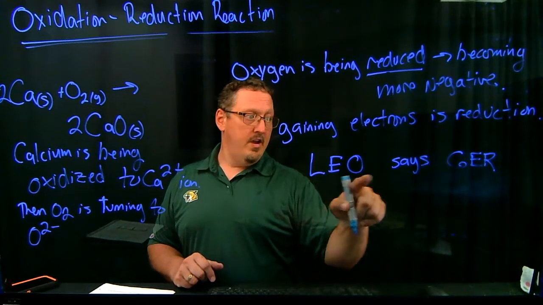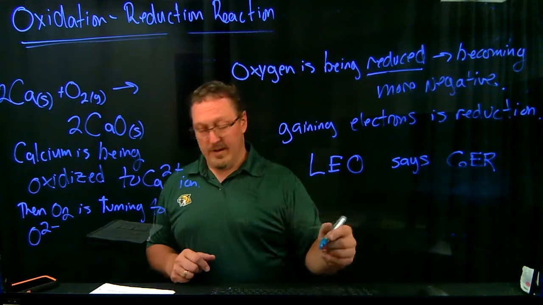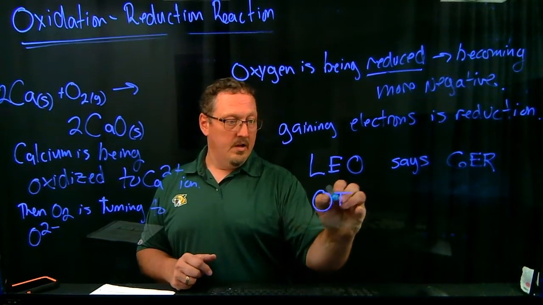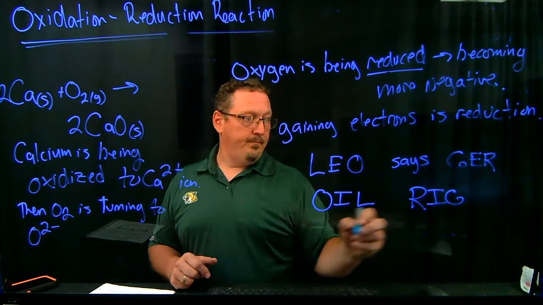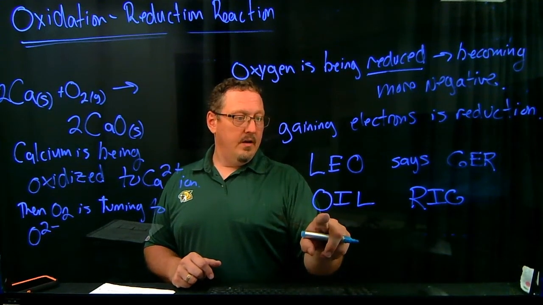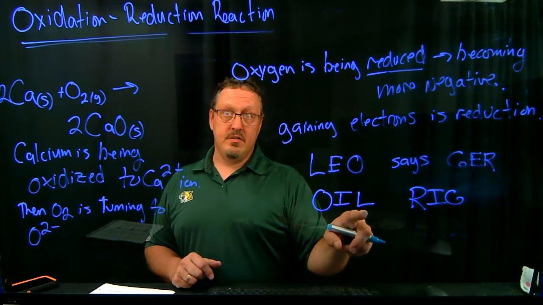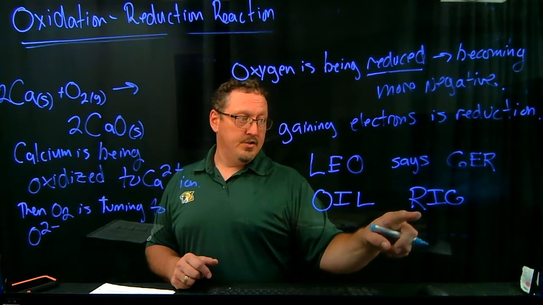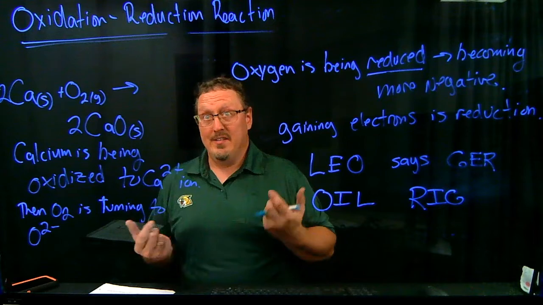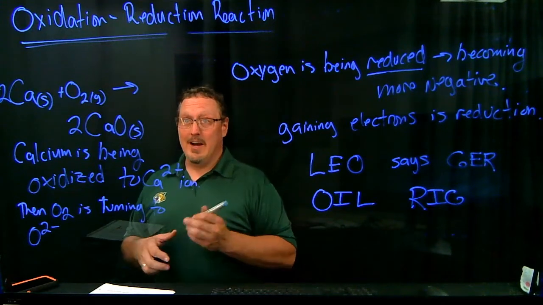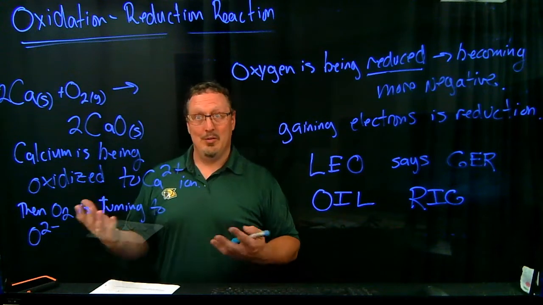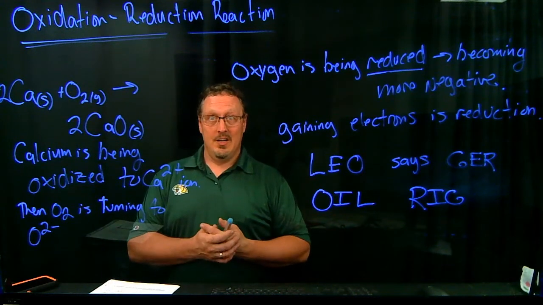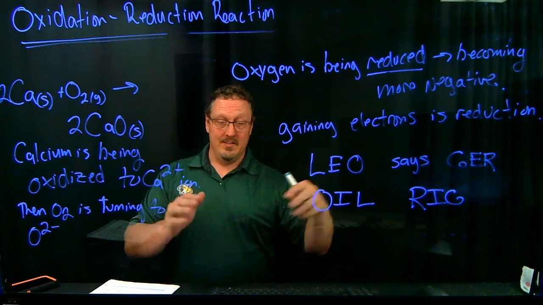The other one that I remember is OIL RIG. Oxidation is loss of electrons. Reduction is gaining electrons. So that's how I remember oxidation versus reduction, and how I remember what's going on.